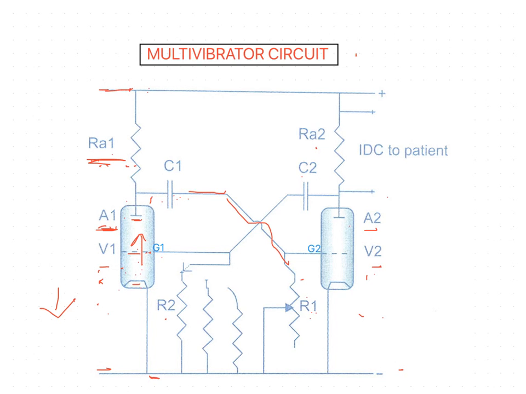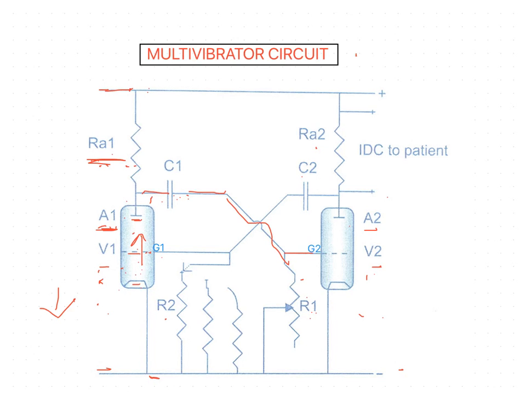Therefore the anode becomes more positive. This A1 becomes more positive now. So what happens if it becomes more positive? The positive charge is transmitted through C1 to the grid of the other valve.